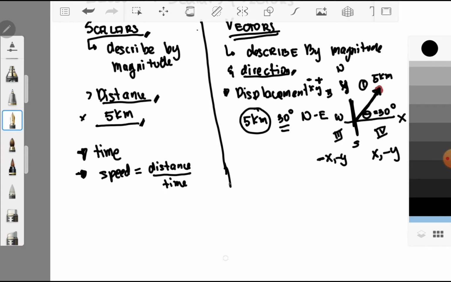Your distance is a scalar quantity because it has no direction, and your time is also a scalar quantity because it has no direction. Distance is the magnitude of the length that you have measured, right? To turn speed into a vector quantity, its equivalent vector quantity is velocity.